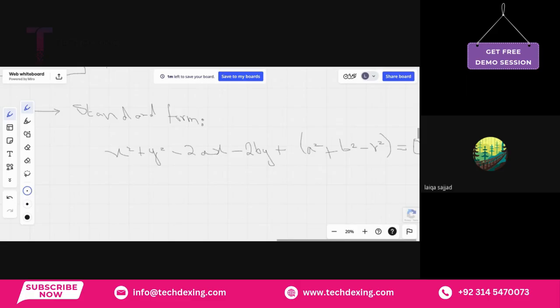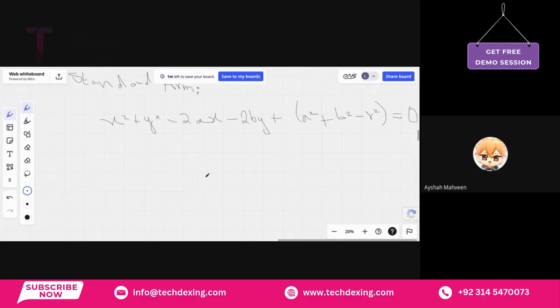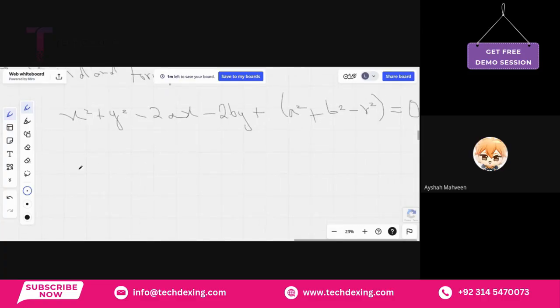Okay, and you can also write it as x square plus y square plus 2gx plus 2fy plus c equals to 0.